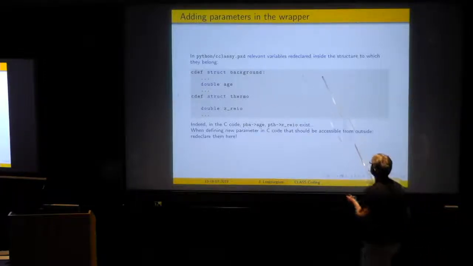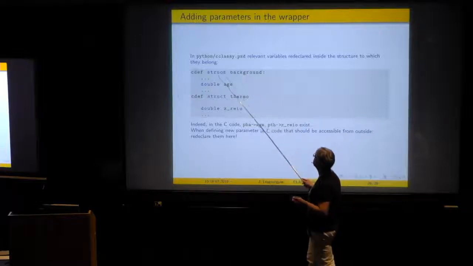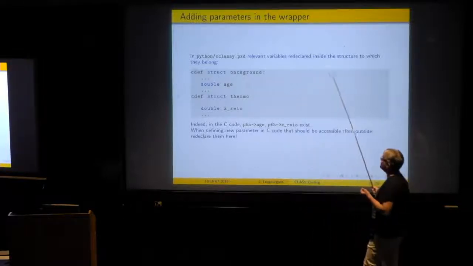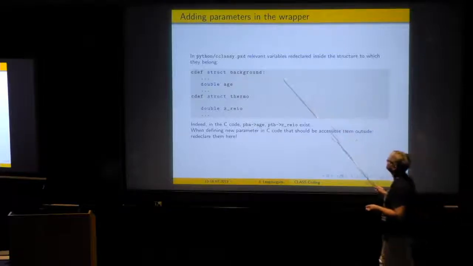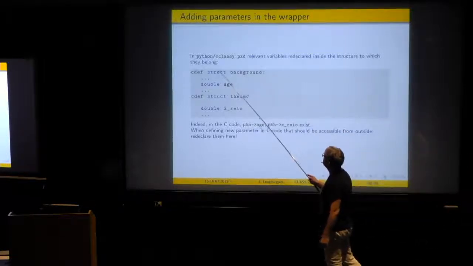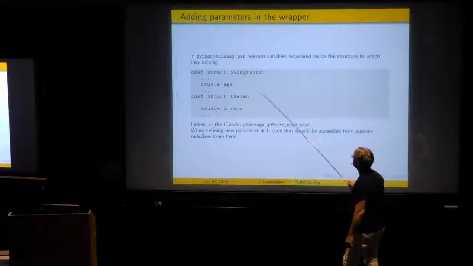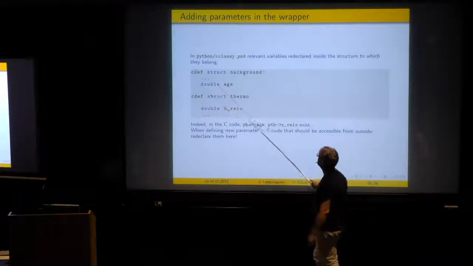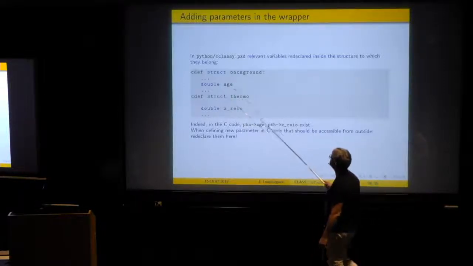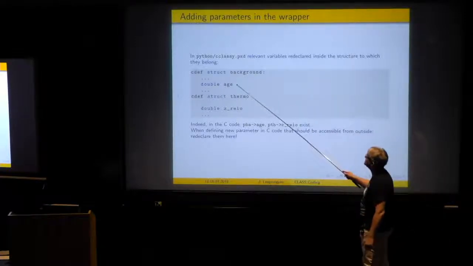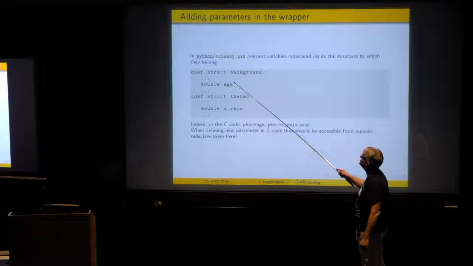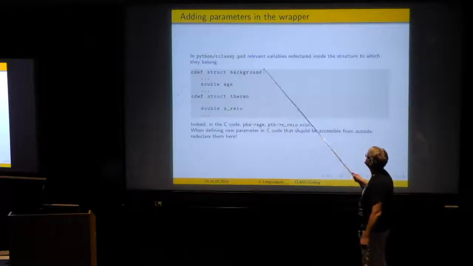So struct background was of course declared in background.h, but now the wrapper will understand this structure only if it is redeclared here with a cdef. So cdef and colon, and after you have several variables declared like in the C file. The only difference is that in the C file you would have a semicolon here. Sorry, this is just a colon.